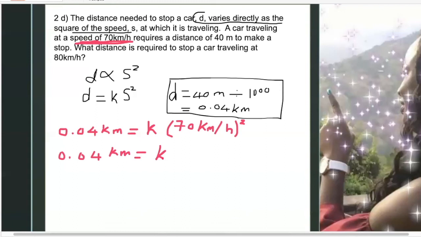So 70 times 70, that's 4,900. And squaring means I square the unit, so I have kilometers squared per hour squared. See, we have squared it. So everything is being squared.